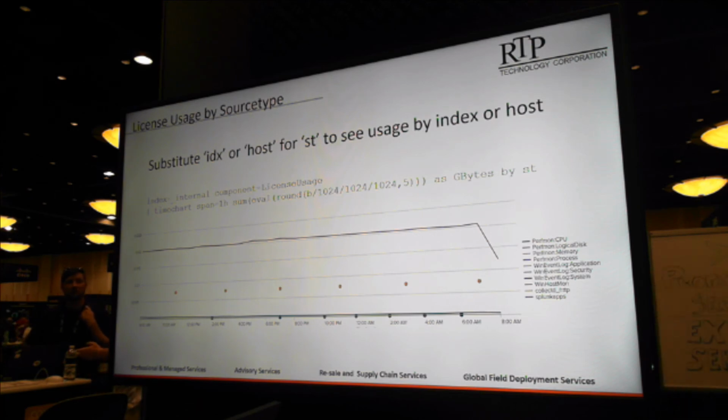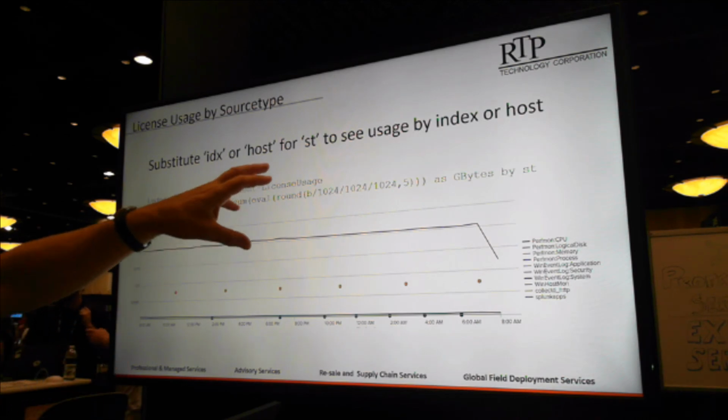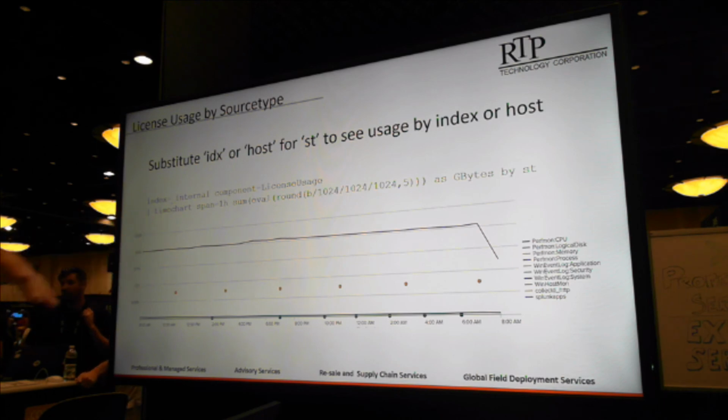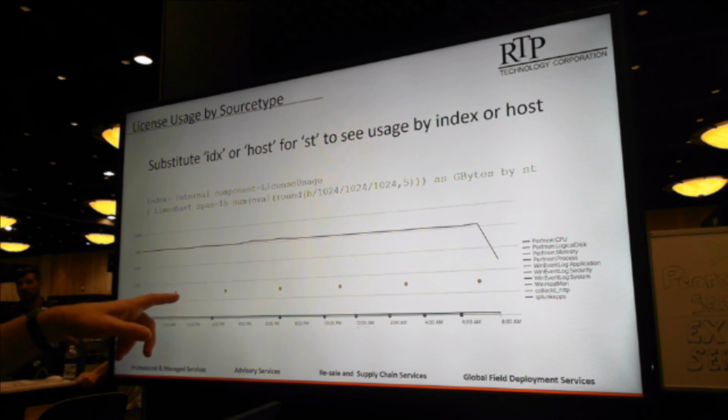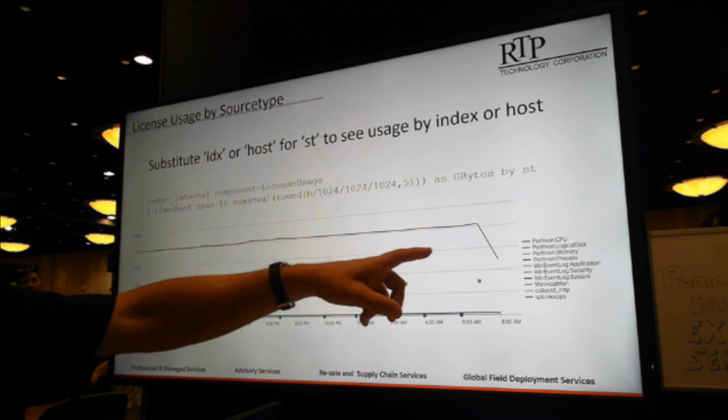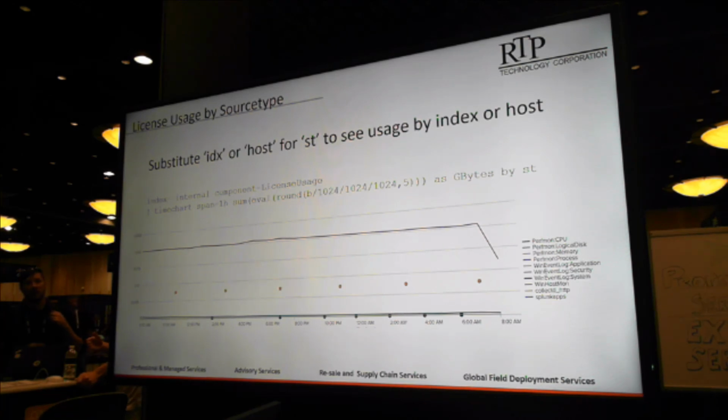There's also idx for index, h for host, and s for source. So if you wanted to combine those into different permutations that you may not get out of the UI, you could do so. And here we see our graph showing that the Splunk apps source type is using a lot more indexing than any of the other source types.